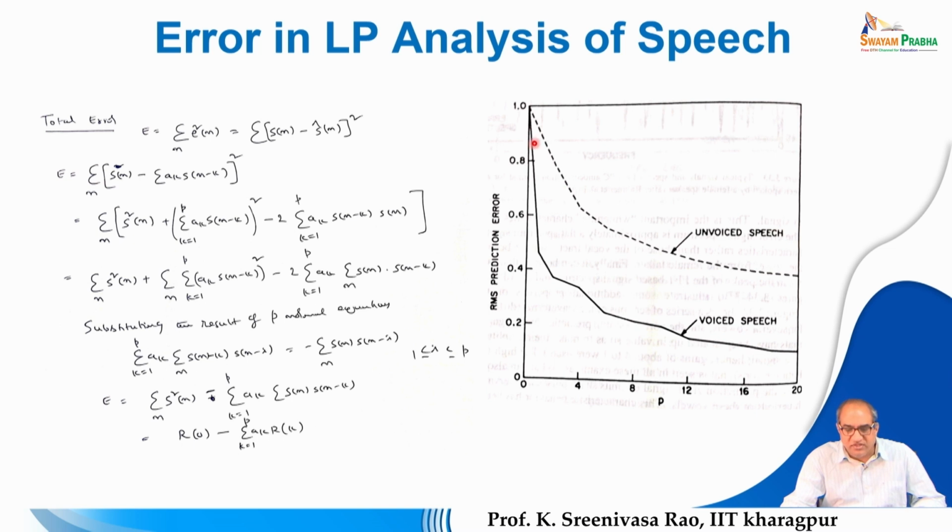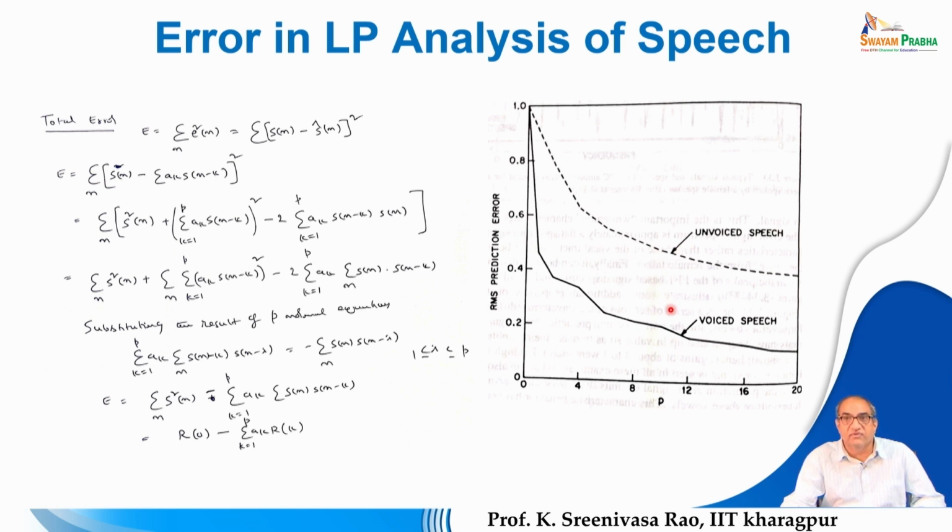Whereas in the case of unvoiced speech, you see that the error is reducing, but for the same prediction order, there is a lot of difference between the error observed for a voiced speech segment and the error observed for an unvoiced speech segment.